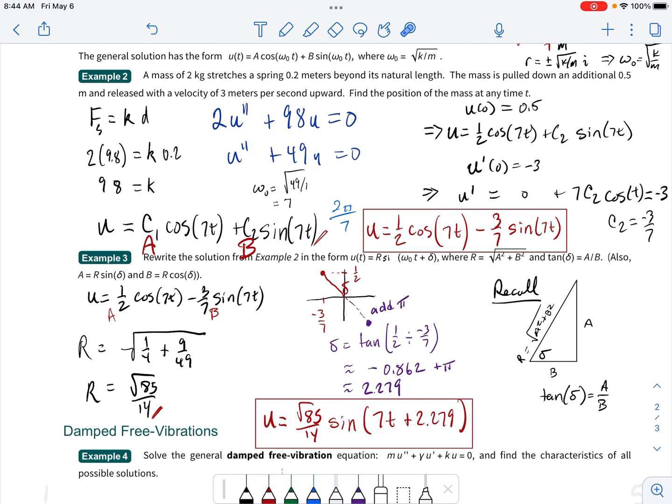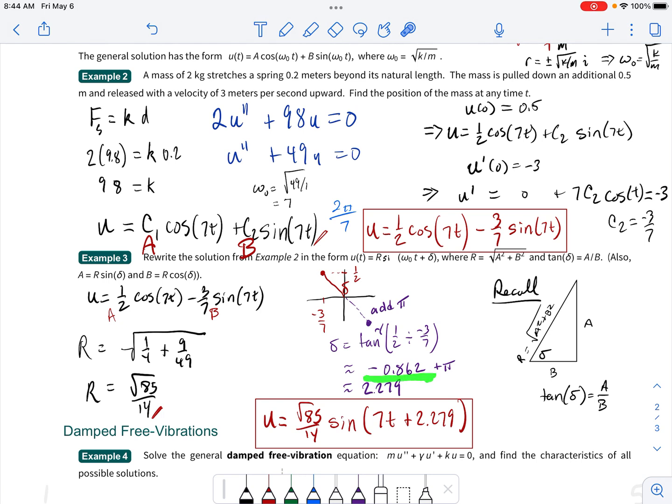So delta, we know, is going to be a divided by b, the tangent of delta. And so here I took the arc tangent of 1/2 divided by negative 3/7, and that turns out to give me negative 0.862. And you might say, okay, that's my phase shift.